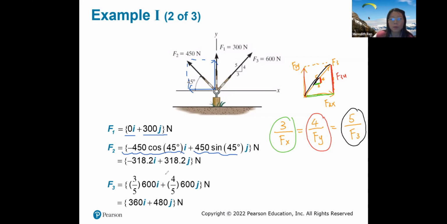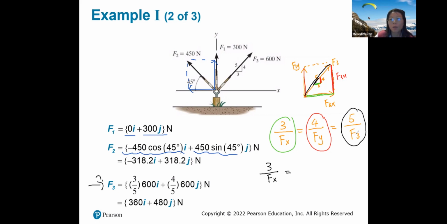Now, after we break them, if I keep writing, where does this really come from? Let me use black. So 3 over Fx equals... out of all this Fx and Fy, we don't know how much that is.